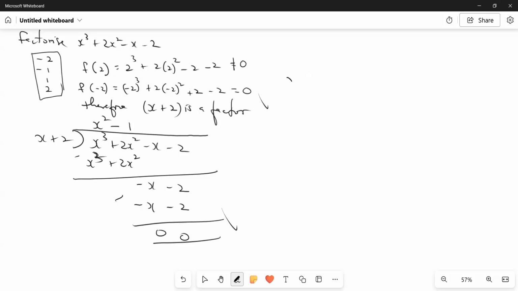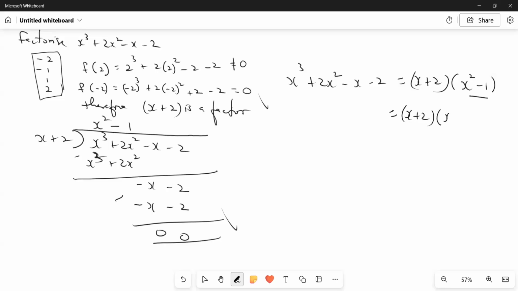So basically what we found out so far is that x cubed plus 2x squared minus x minus 2 is equal to x plus 2 times x squared minus 1. And you can see that you can quickly factorize this now.